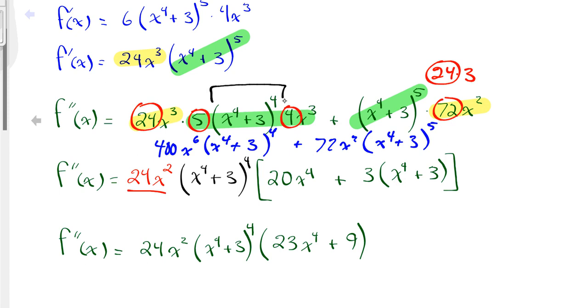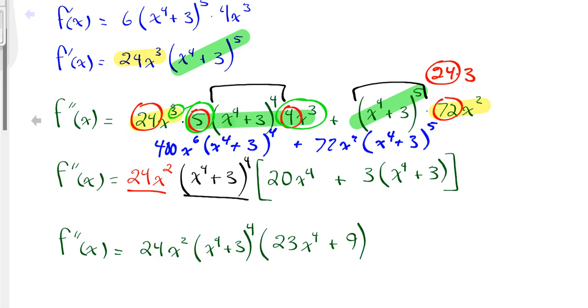Then here I have 4 of those x to the 4th plus 3's. There I have 5 of them, so the common factor is 4 of them. And then the leftovers: the 4 and 5 and the x cubed.